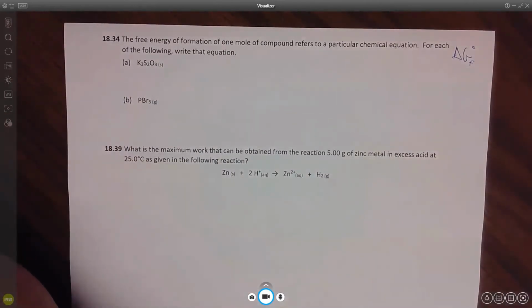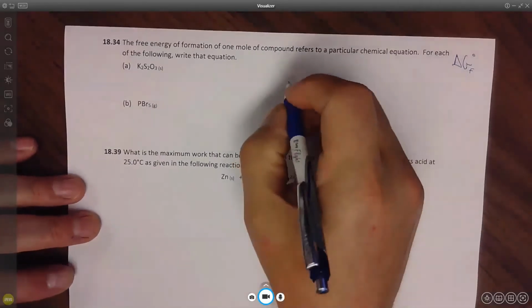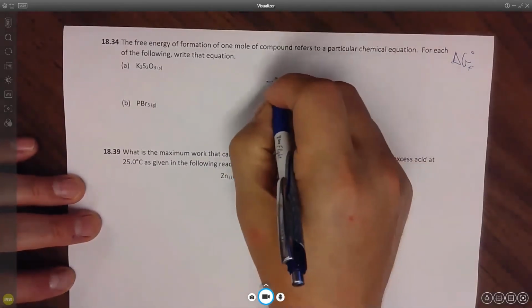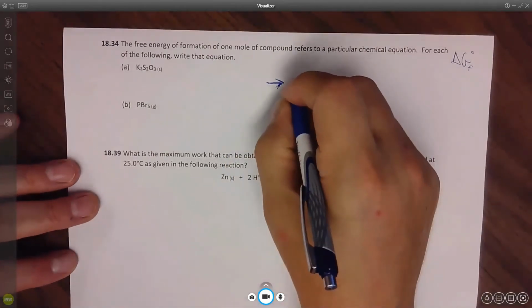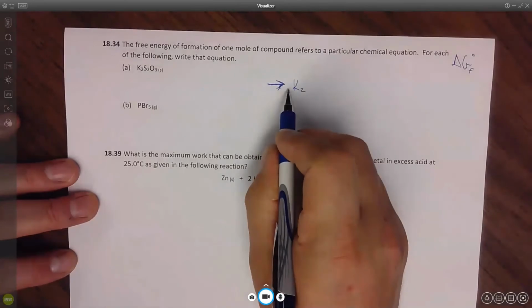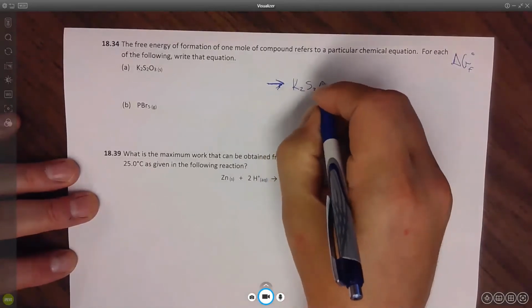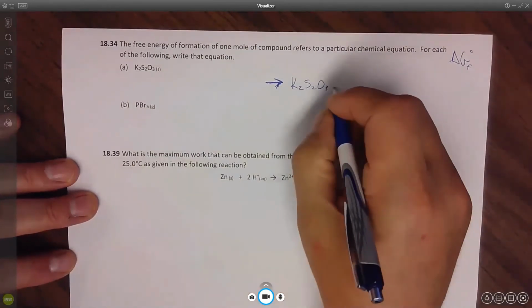It's a chemical reaction, so is it going to be a reactant or a product? It's the product, because it is the formation of 1 mole. Right, the formation. So it is the product. And if you keep saying 1 mole, which is absolutely correct, this coefficient is going to be 1, period. And it's a solid, so we're going to add that.